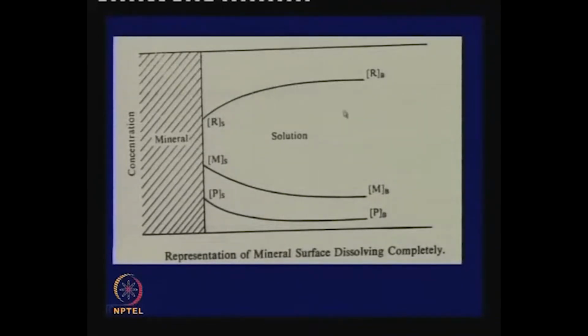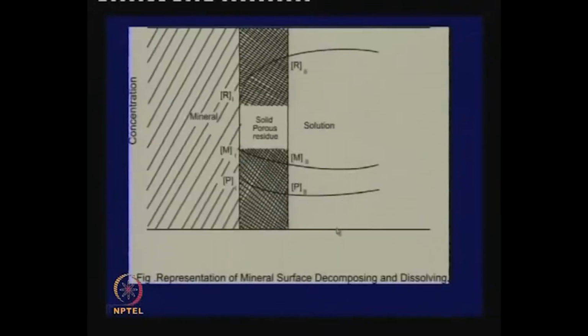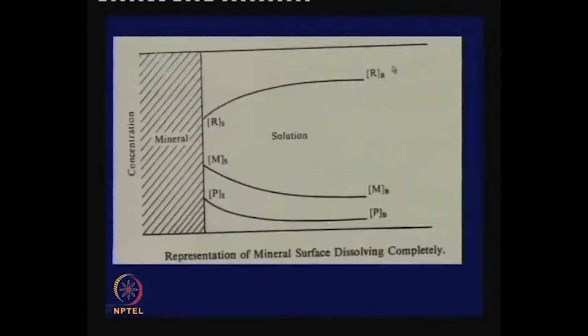Metallic values that dissolve at the surface diffuse out into the bulk, and when they diffuse out, there must be a concentration profile going down. The concentration must be increased here. If there are some other products, residues, apart from metallic values going into solution, this would also have a concentration profile. If there is a solid porous residue, then the diffusion processes take place through that residue.